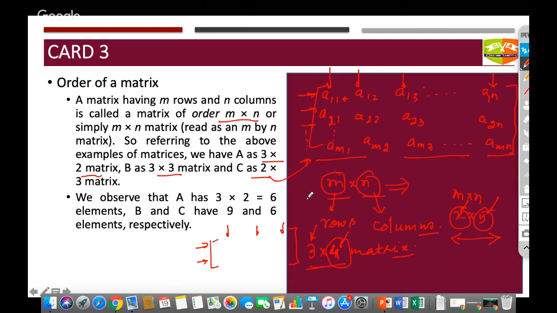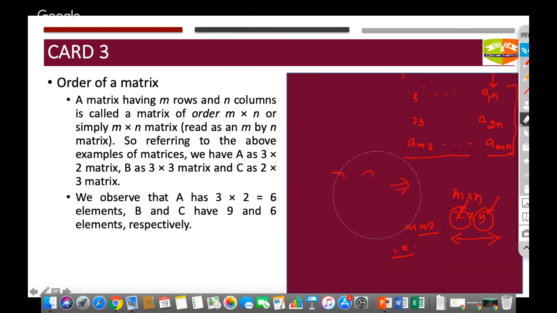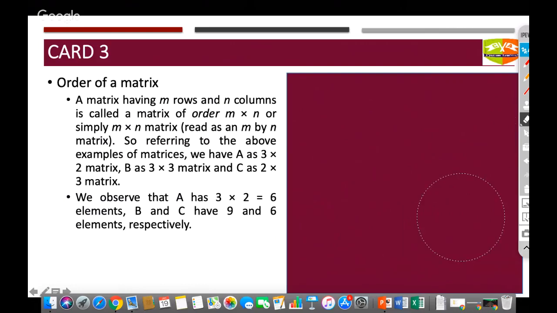The number of elements is equal to m into n, so the total number of elements is equal to m into n, which is the number of rows into the number of columns.